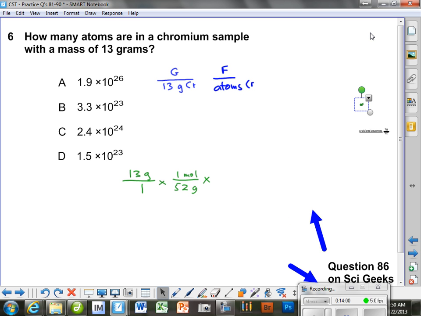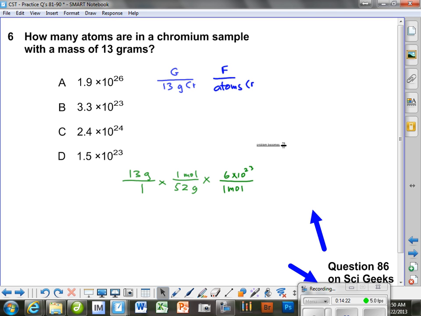And the last thing is to simply do the conversion, which uses the Avogadro number, and that's the 6.02 times 10 to the 23rd. You'll notice that I don't put in the 10 to the 23rd. We're trying to keep it simple because that's the way the answers are going to be on the CSTs, and that is going to get us close enough.